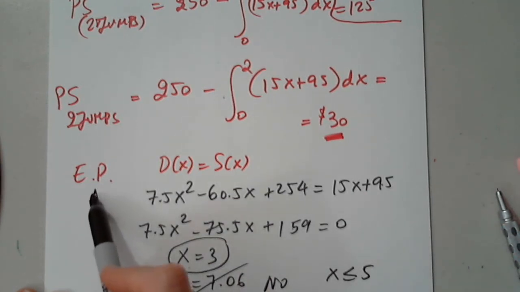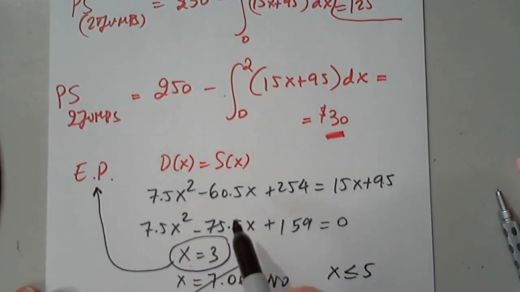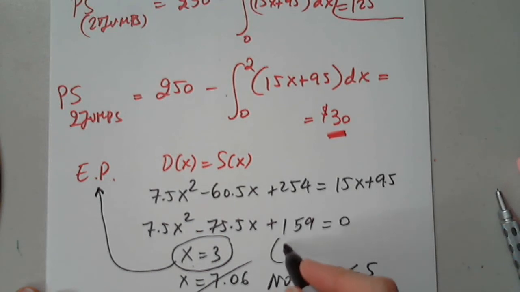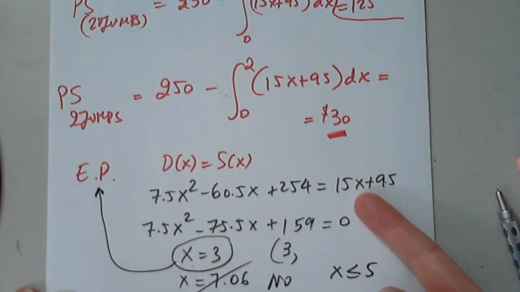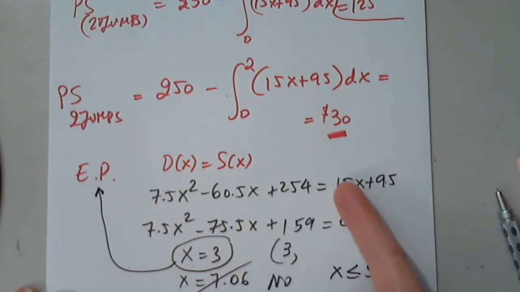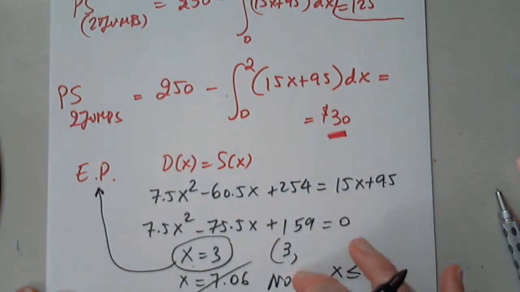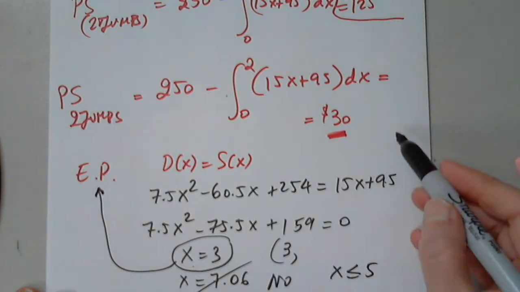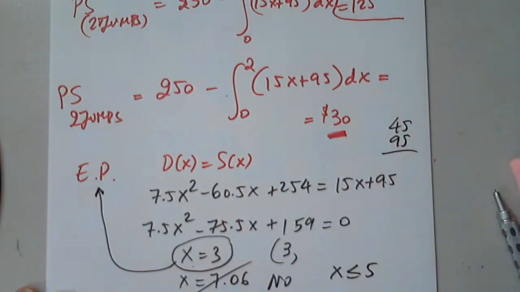In order to write the equilibrium point, I have to find the y variable. So 3 comma, and I plug it in. It doesn't matter here or here, they are the same for x equals 3. So 45 plus 95. So what do I have? 150.